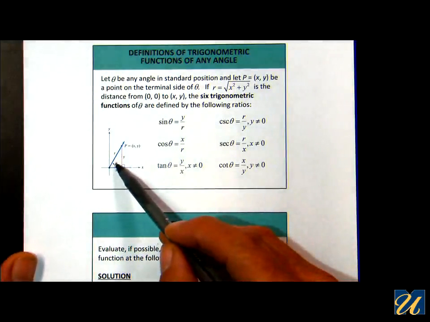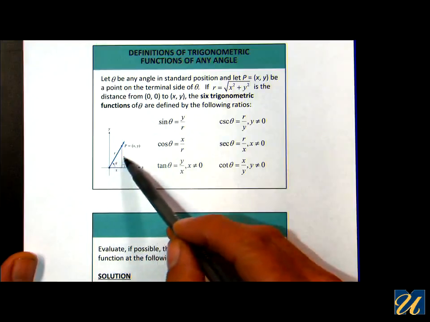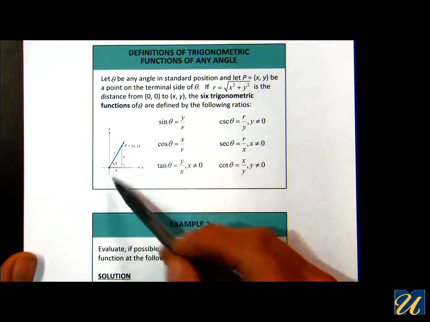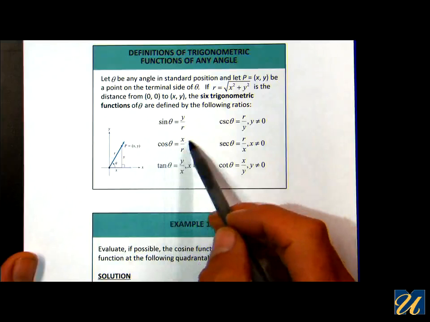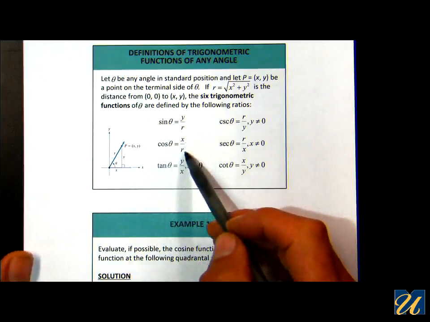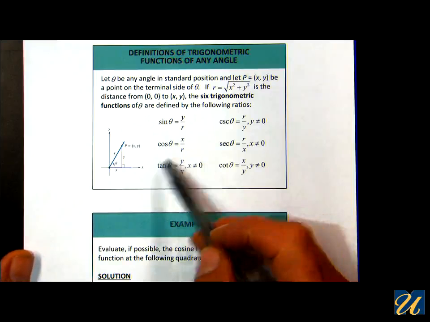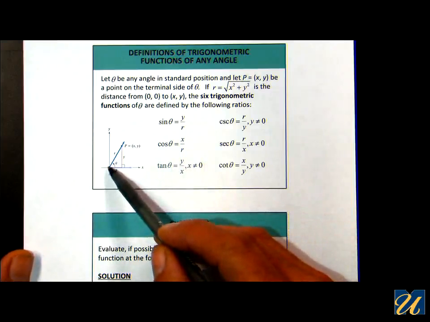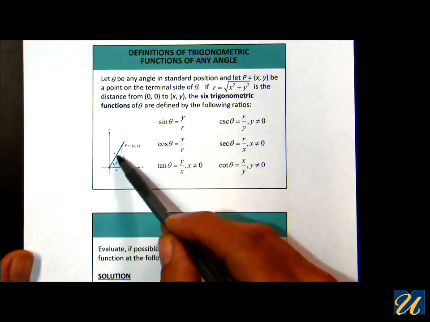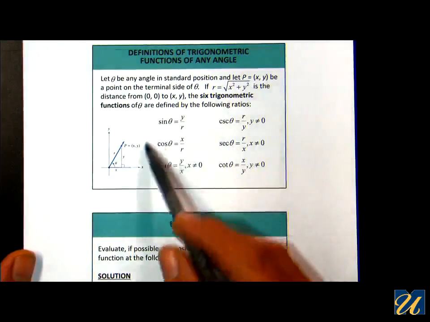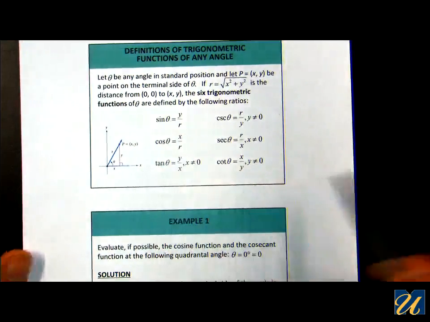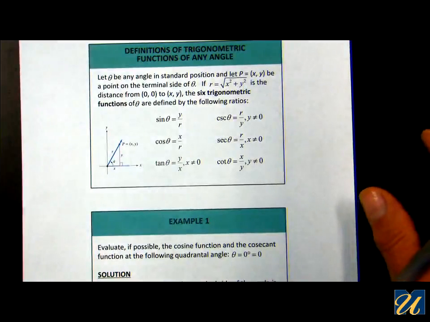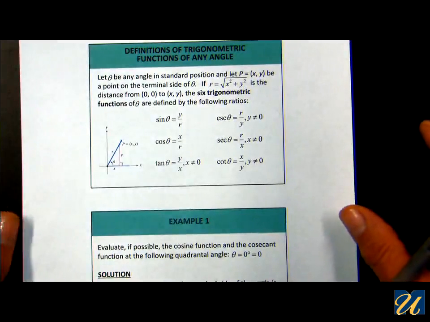Notice if this is theta, y over r still means opposite over hypotenuse. The cosine is defined to be the x-coordinate of point P divided by the radius of the circle. And that still is consistent with before. Given angle theta, x is the adjacent and r is the hypotenuse. And all 6 of these definitions still are equivalent to the right triangle definitions in the earlier section.